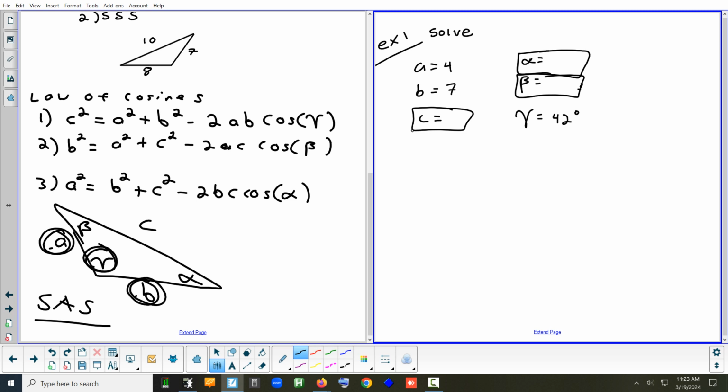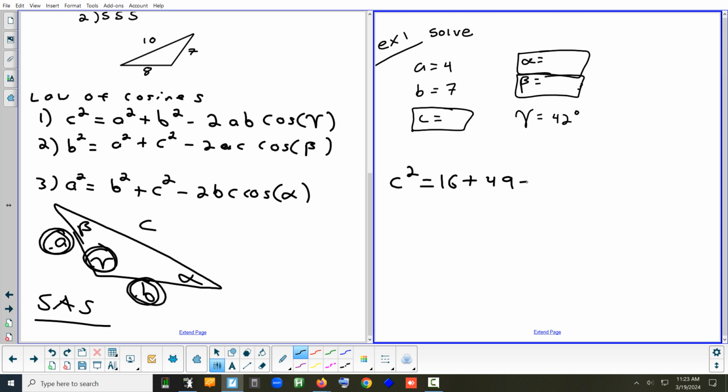So we're going to fill it all in. Okay, so C squared. And we'll do a little bit as we go. What's A squared? 16. How about B squared? 49.